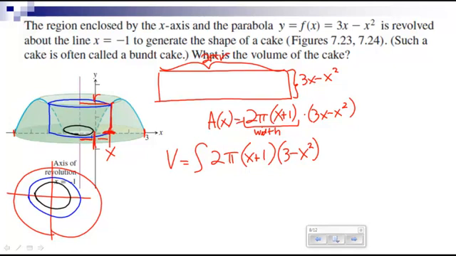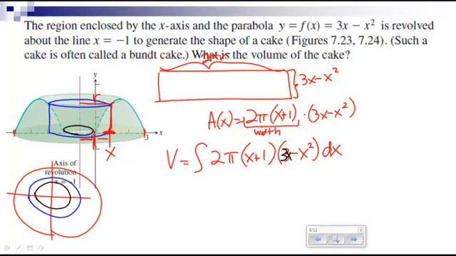Like this. So the thickness of this cylinder is a measurement in the x direction. 3x minus x squared. There we go. And now I'm down to one more thing.